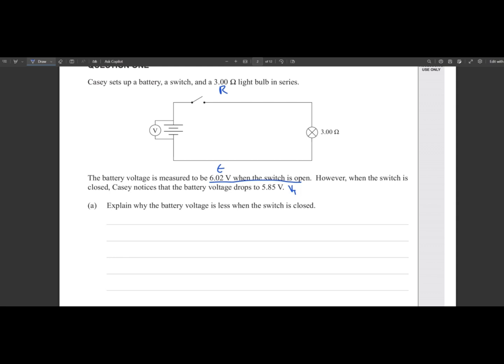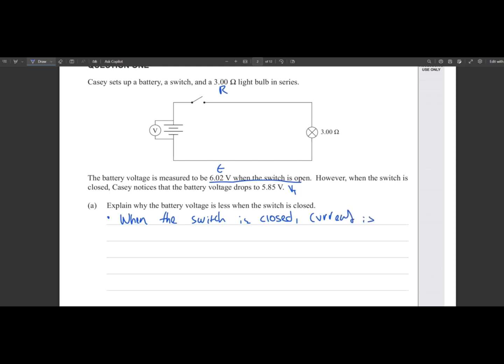So basically, when the switch is closed, then current is drawn.